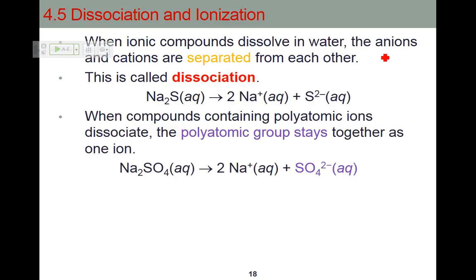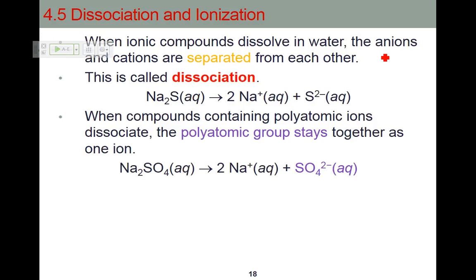When compounds containing polyatomic ions dissociate, we only break it up based on the ion. We're not breaking up the covalent bonds in the polyatomic ion. So if we look at SO4 2- for Na2SO4, the bonds between sulfur and the 4 oxygens are covalent bonds. We're not breaking those. That polyatomic ion stays together.